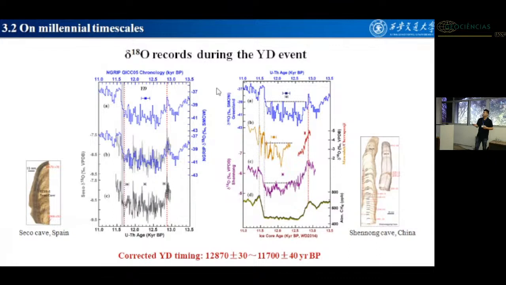We can see the East Asian summer monsoon closely follows the Greenland temperature change, because this uncertainty is 30 years, and this one is 15 years. We can see the start and the end of the East Asian summer monsoon during this Younger Dryas event closely follow the NGRIP record.